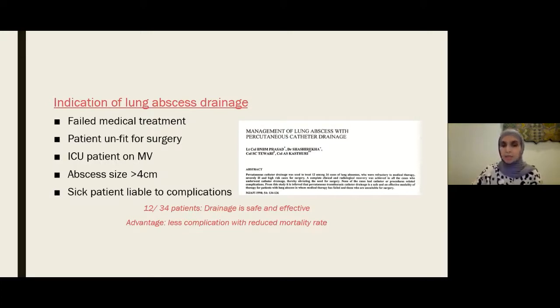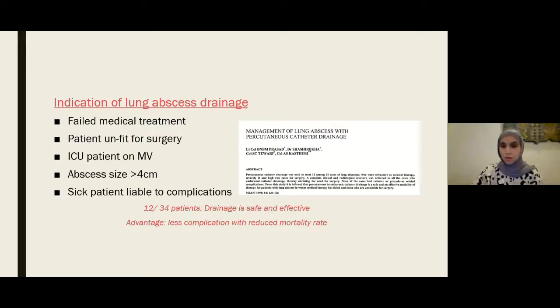Sick patients liable to complications who are not fit for lobectomy are better managed with an interventional procedure. Review articles concluded that drainage is safe and effective, with the advantage of fewer complications and reduced mortality rates.